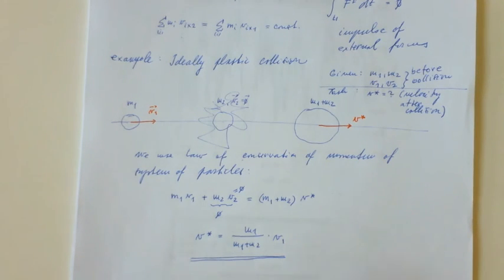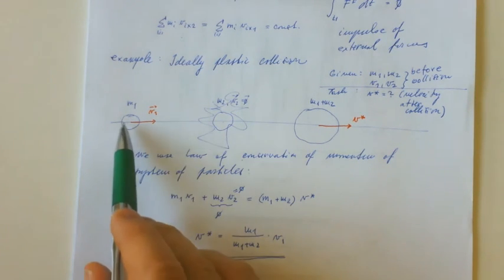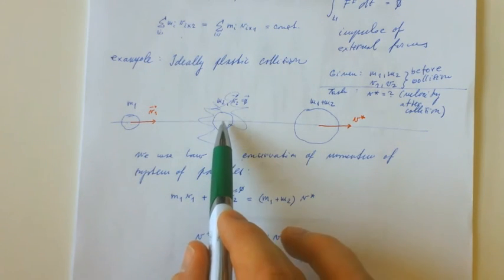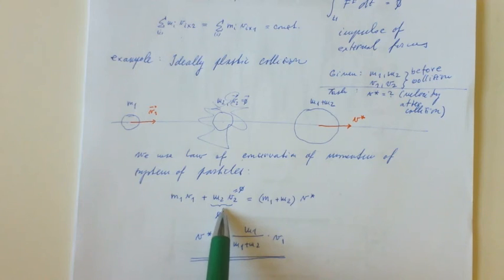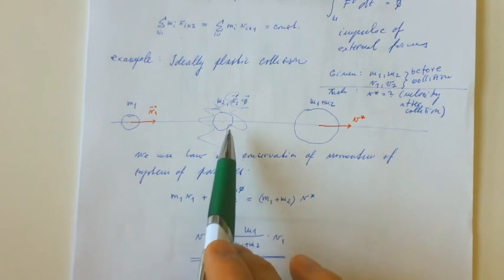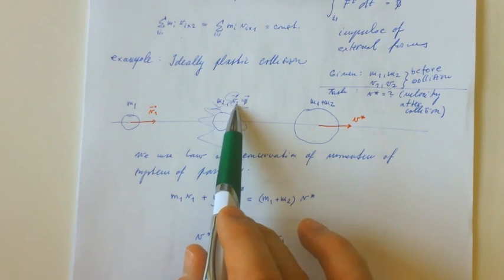Okay, so once again, I'm sorry. So this is the state before collision. This is the sum of the momentum of the first particle with the momentum of the second particle. This is 0. The second particle has no momentum because it doesn't move.